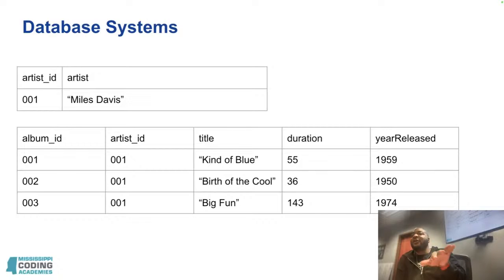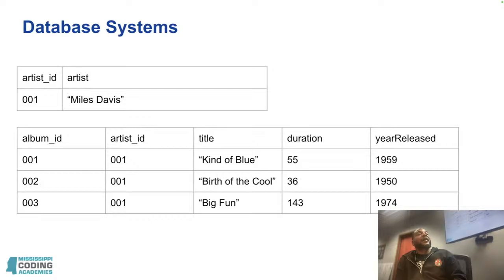The rows are horizontal, columns are vertical, and each table has what's called a field, and that's what that label is at the very top row, where we have artist ID and then artist, and album ID, artist ID, title, duration, year release, etc. Those are fields, and then our entries are listed below.